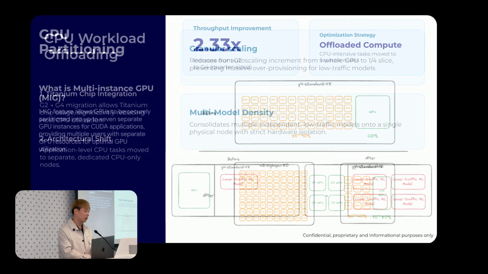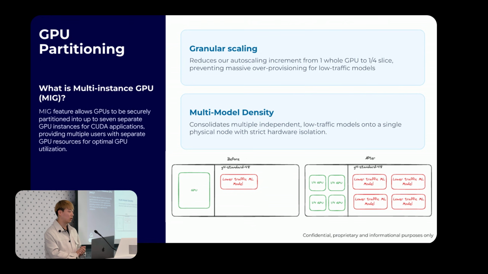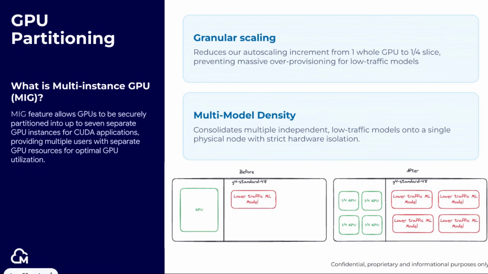The second one is GPU partitioning. This is about the multi-instance GPU, the MIG feature that we talked about earlier. Just to recap, the MIG feature allows GPUs to be securely partitioned into up to 7 separate GPU instances for CUDA applications. It provides multiple users with separate GPU resources for optimal GPU utilization.